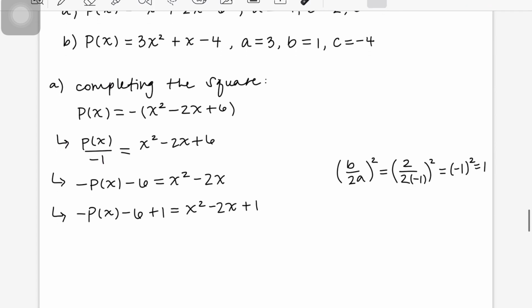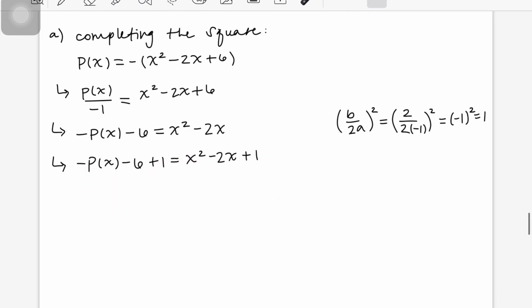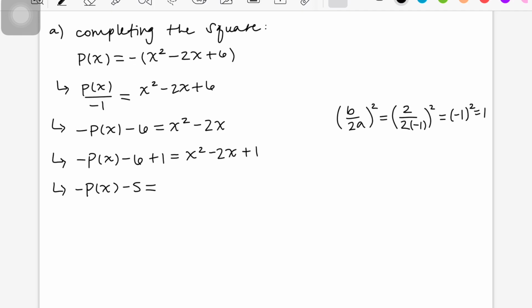And then what we want to do is combine these and then factor. So we get minus p of x minus 5 on the left side. And then on the right side, we're going to factor this. So we need two numbers that will multiply to be 1 and add to be -2. So that'll be x minus 1.